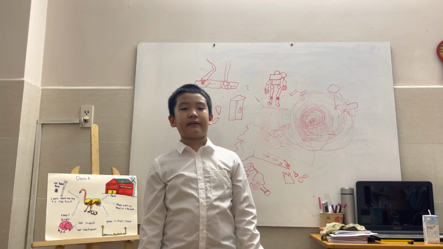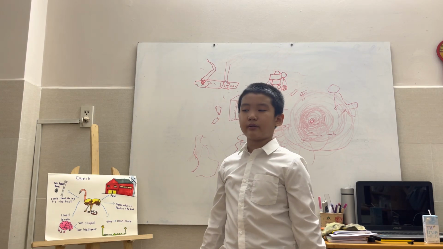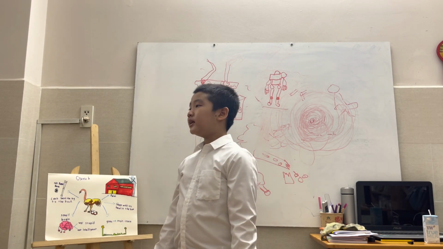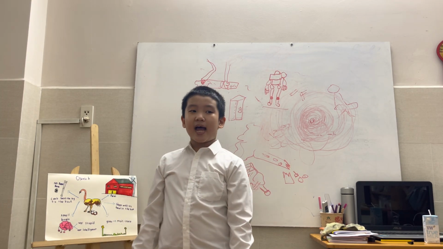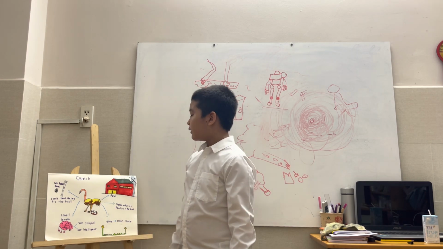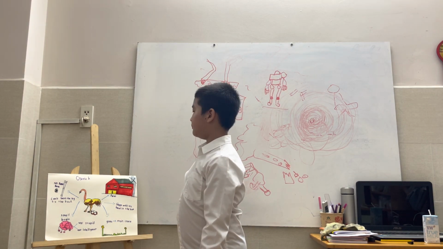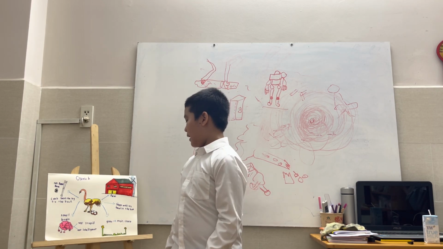10, 9, 8, 7, 6, 5. Did you guess the answer? This is a very easy one, so I just count down to 5. The answer is S. And also the answer of my question is the main course is grass.